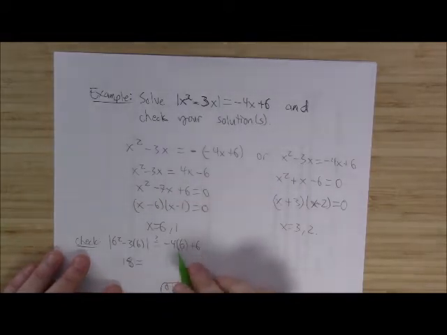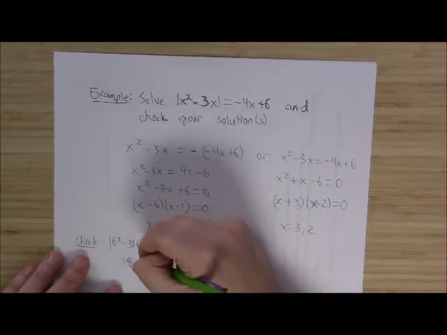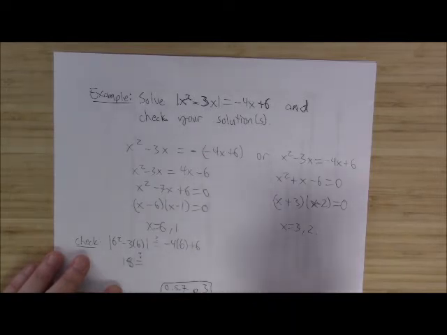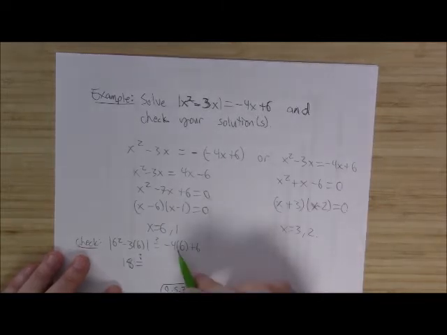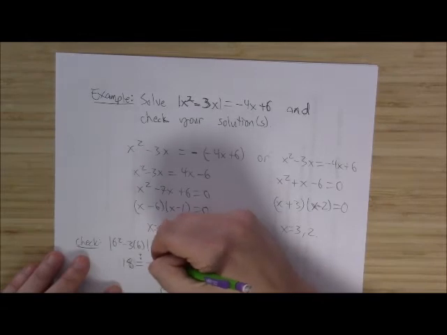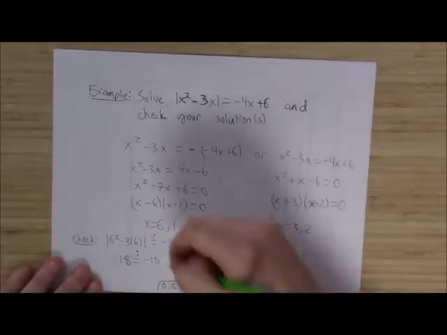Whereas negative 4 times 6 is negative 24, plus 6. Something weird happened here. Negative 24 plus 6 gives me negative 18, which is not a solution.